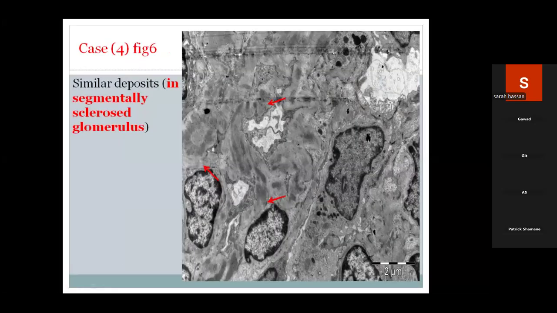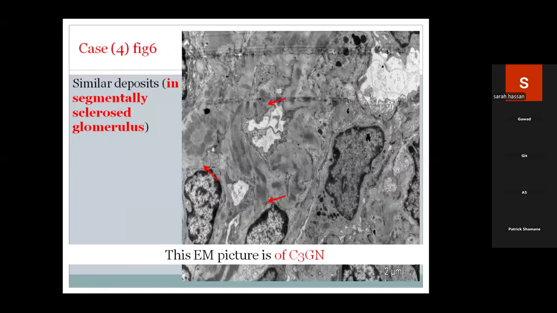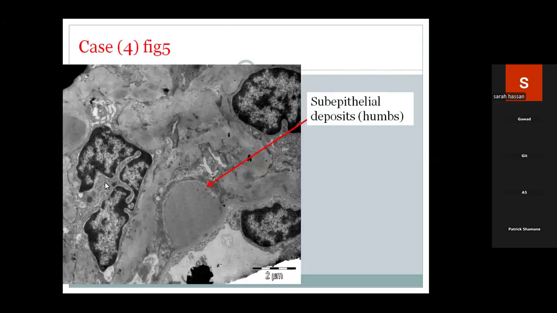These deposits are C3 by immunohistochemistry. These deposits are not the classic transformation of the glomerular basement membrane. These deposits are fluffier than the deposits that we usually see with immune complexes, and more cylindrical in shape, and it's not a transformation.